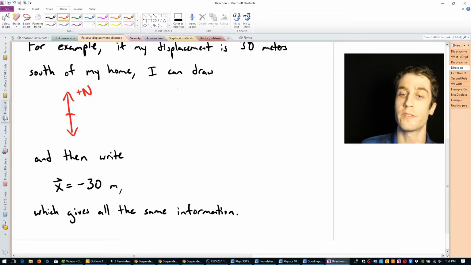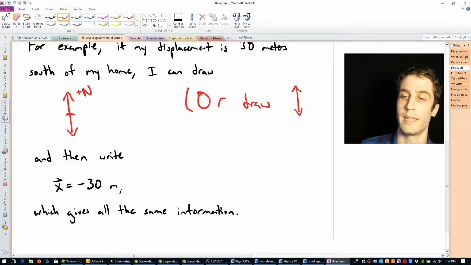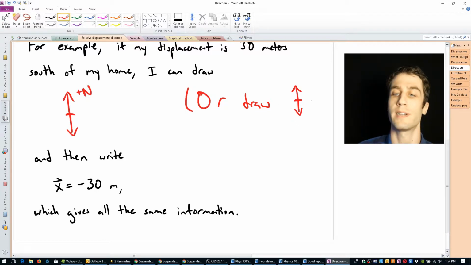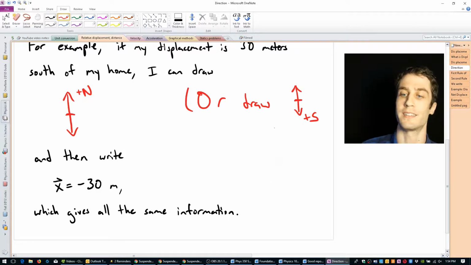So an alternative way of doing this, and I encourage you to be creative as you do physics problems, is we can draw, again, a north-south coordinate axis, but specify the positive south direction is downward.